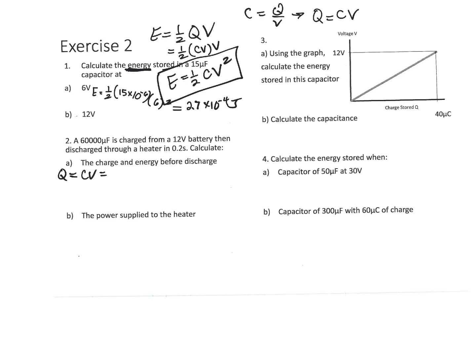You get 0.72 coulombs. All right, so how do we find the energy now?